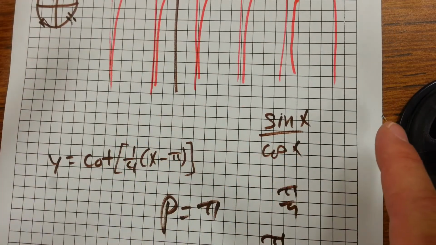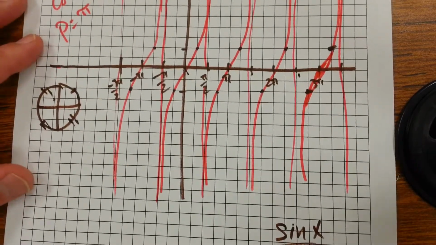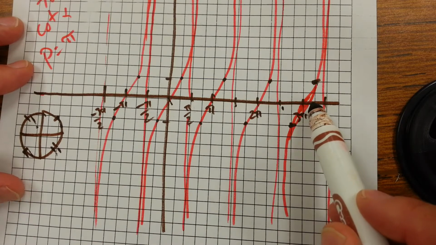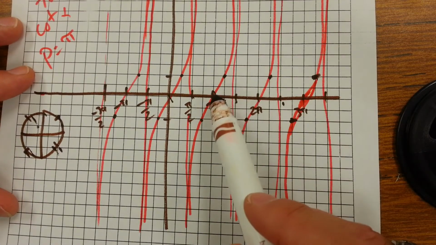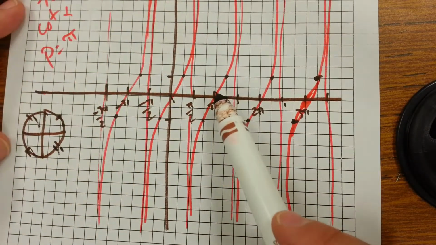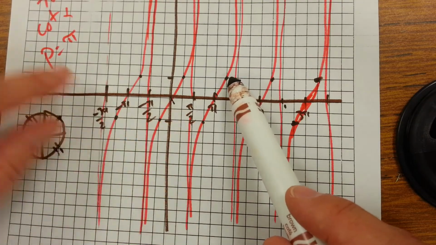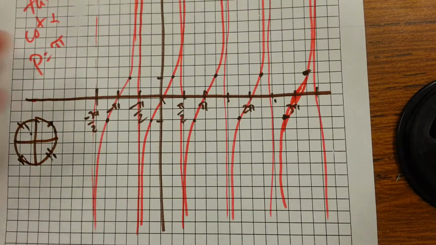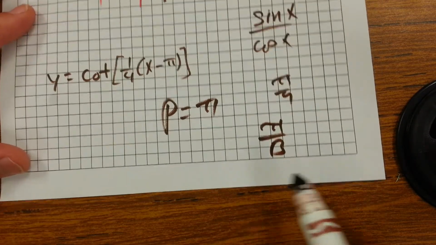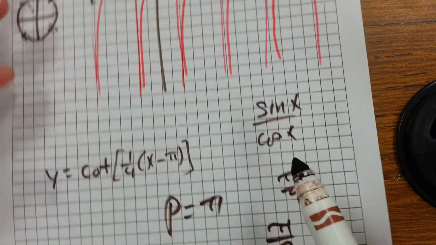We'll make bookends and do the same thing and find where our values are 0. But notice the middle of each graph for tangent is right in the middle of the period as we go through 0. The middle of the other two halves are going to be 1 and negative 1. So it'll be easy to draw a graph once we figure out where the bookends are. But remember, the period for tangent or cotangent is pi over b.